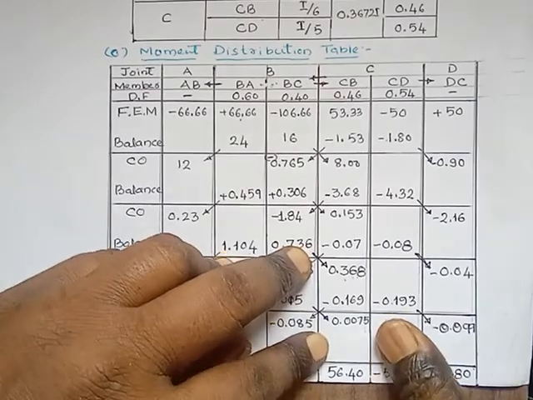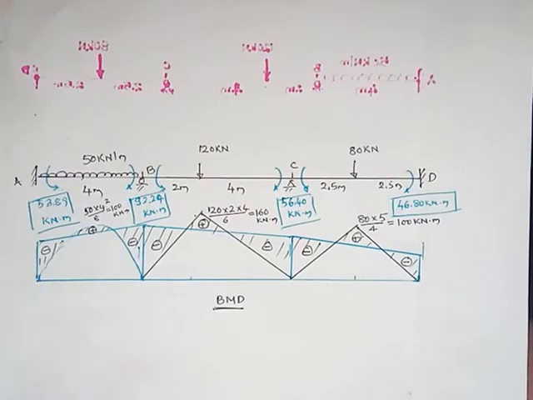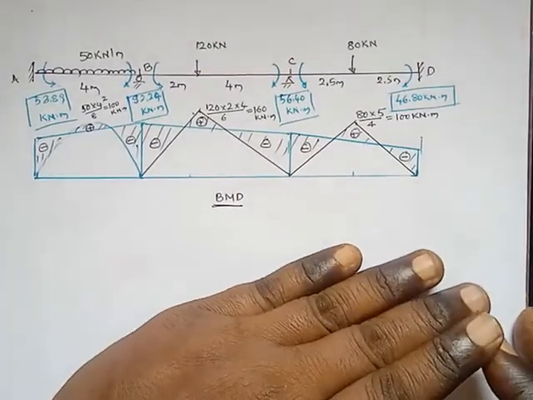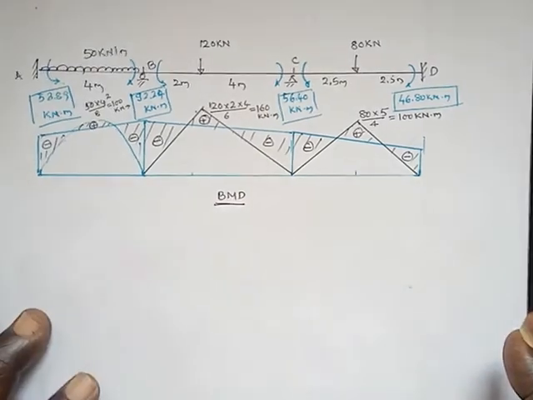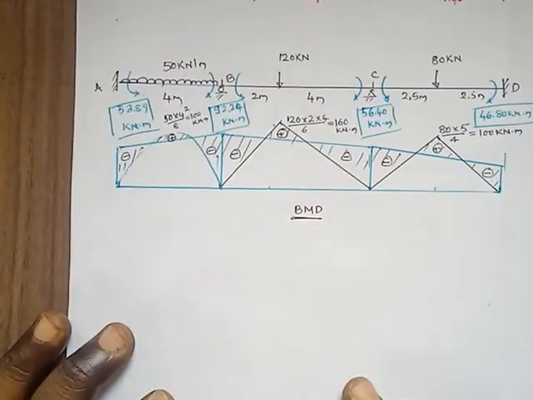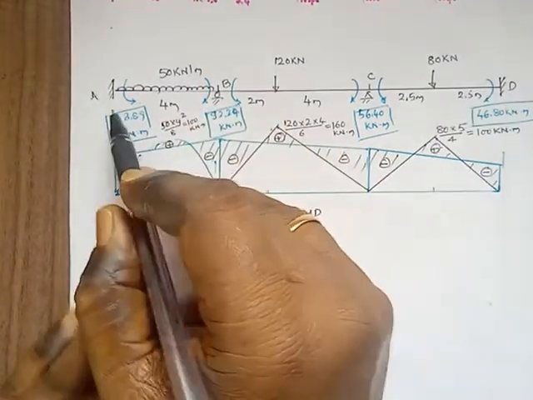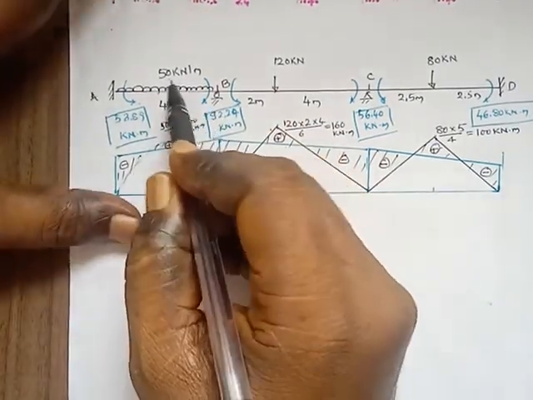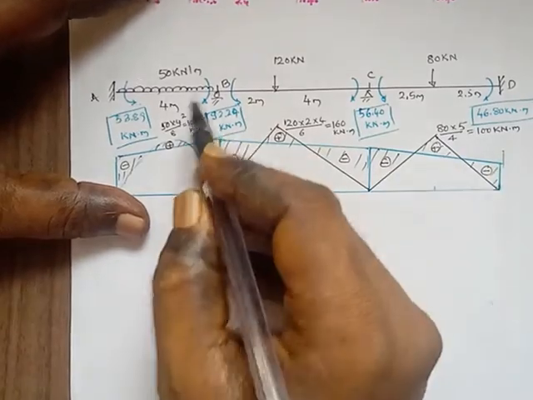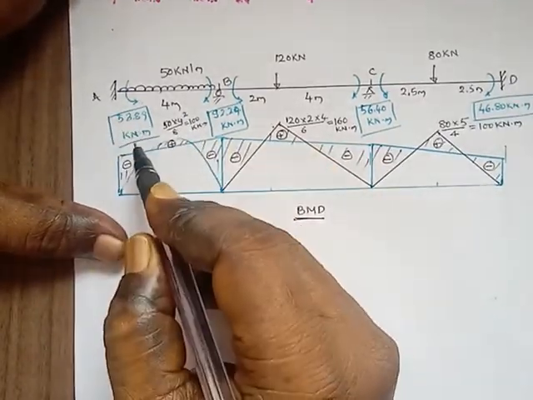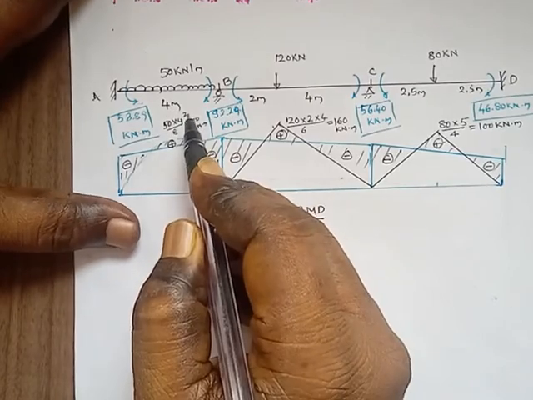Here, to draw the bending moment diagram, first we have to draw the diagram like this. This one is A to B, subjected to 50 kilonewton per meter, and the length of A to B is 4 meter.